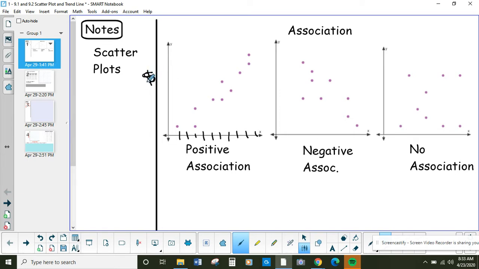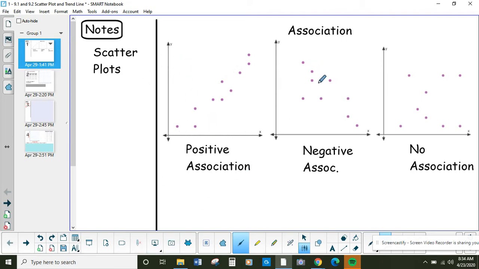It could be anything, right? But let's just use time and money since that's what's used in most math problems. So as time increases, as x gets bigger, if y gets bigger, that's called a positive association, right? The farther we go this way, the higher we go up this way. That's called a positive association.